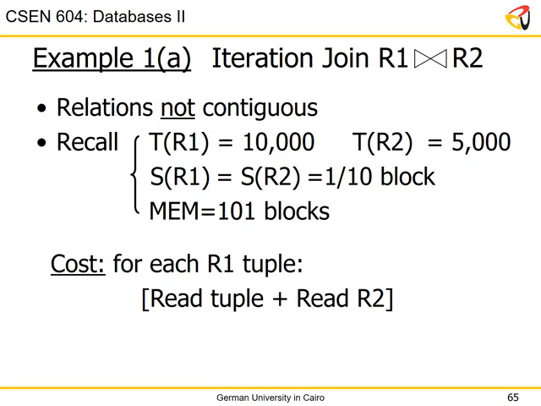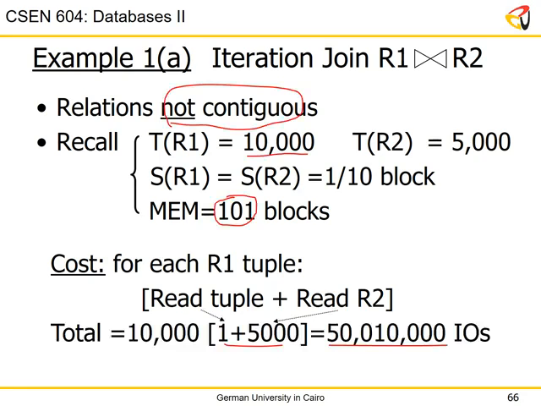That's the logic we were just looking at, the nested for loops. I will read 1 from R1 and go and read all of R2. Okay? Many times I'm going to do this, as many times as there are rows in R1.